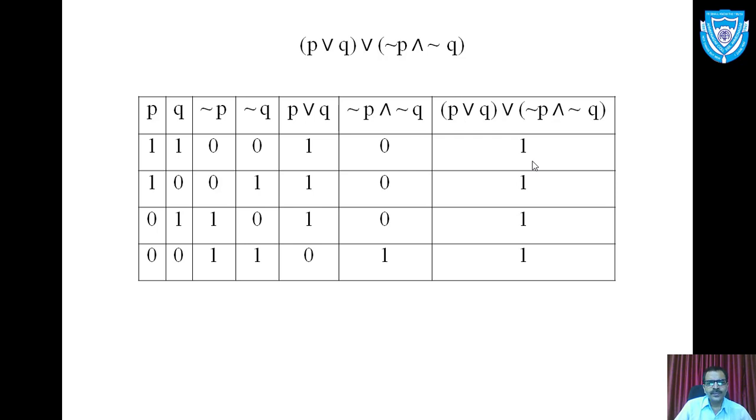And now from the 5th and 6th columns, you can generate the 7th one, taking the reference of the truth table of disjunction. T or F, T; T or F, T; T or F, T; and at last F or T, T. So in the last column, all truth values are T.